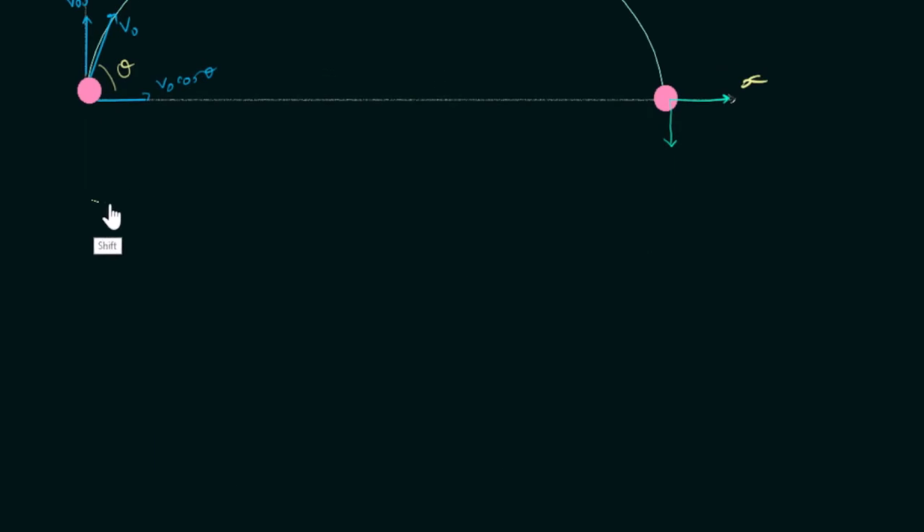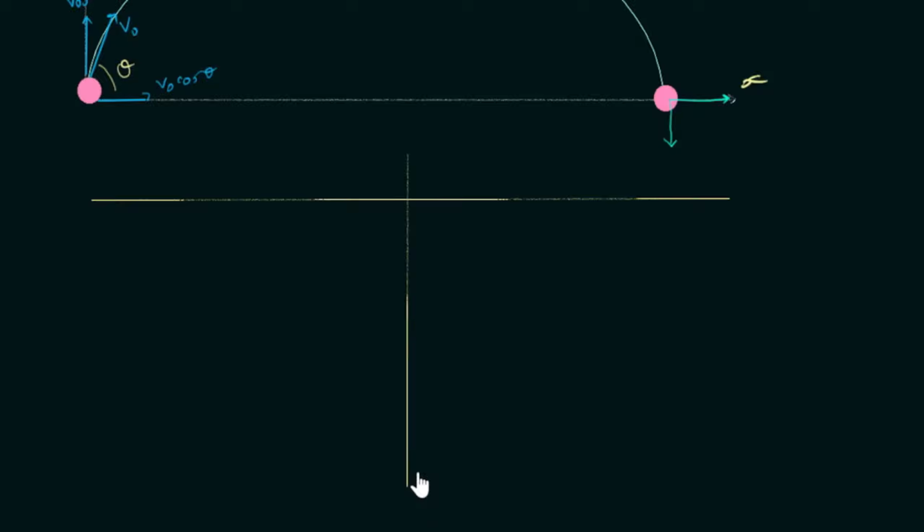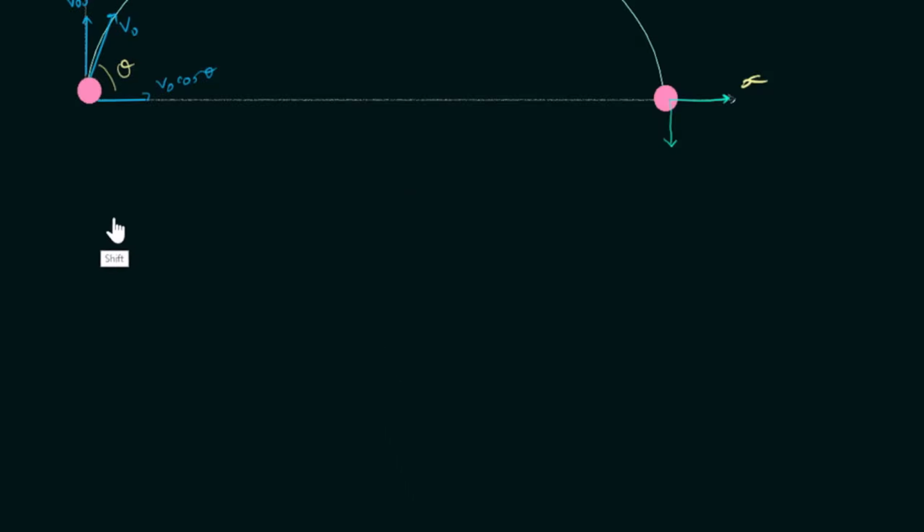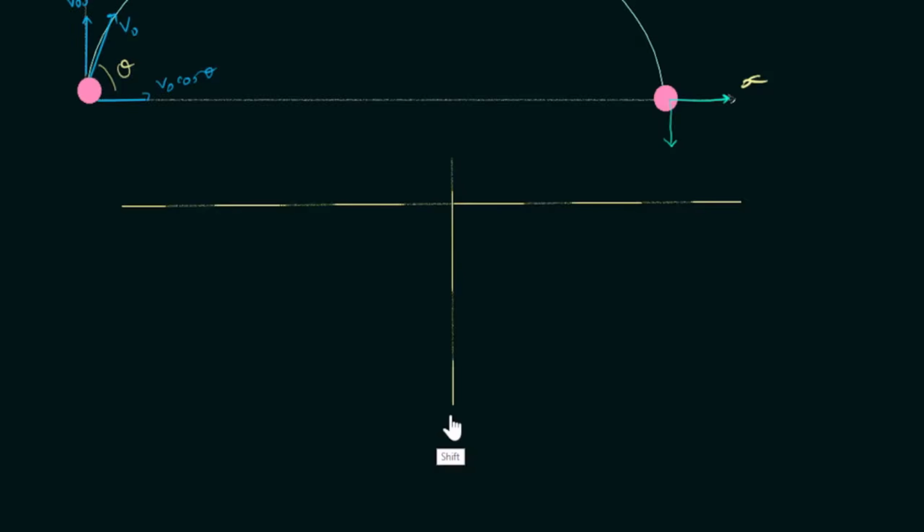Now let us make one table like this. This is horizontal, this is vertical.